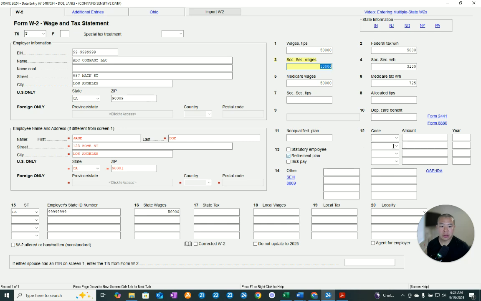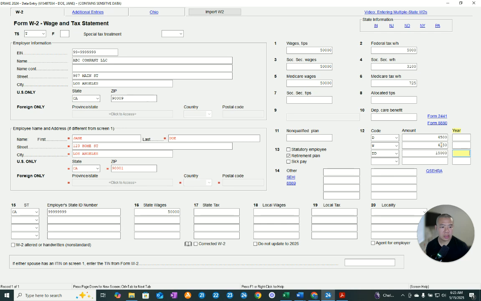And there are also these codes over here. So D 4500, that's 401k. W should be HSA 4150, and the employer portion of the health insurance. So these don't really affect, well, this one affects your taxes because it is a deduction for your taxes.